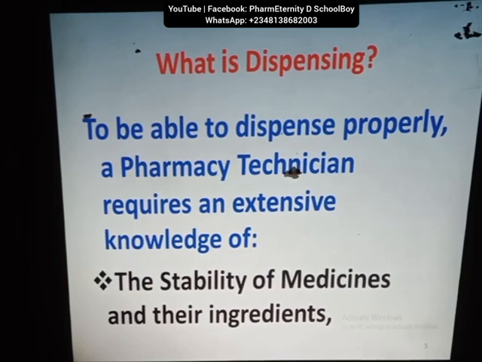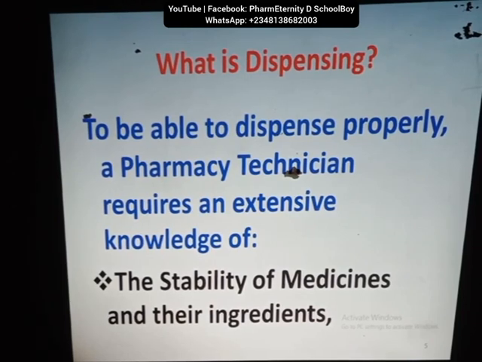If the stability of the medicine is not known, there will be problems. For example, there are some suspensions that come as powder for oral suspension. There are also suspensions that come in liquid form. For example, metronidazole suspension comes in liquid form.